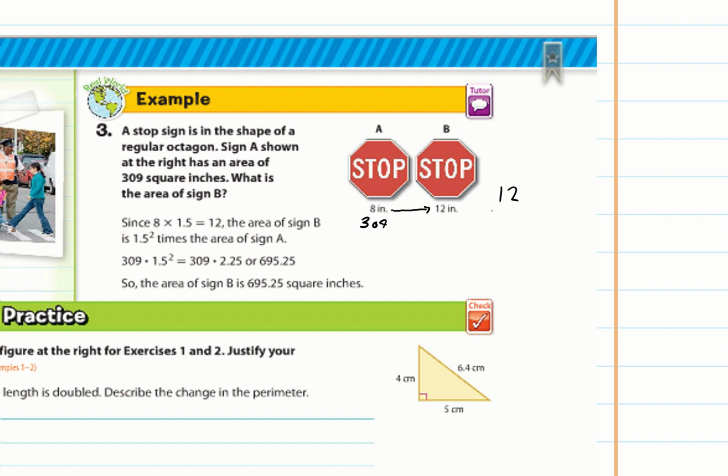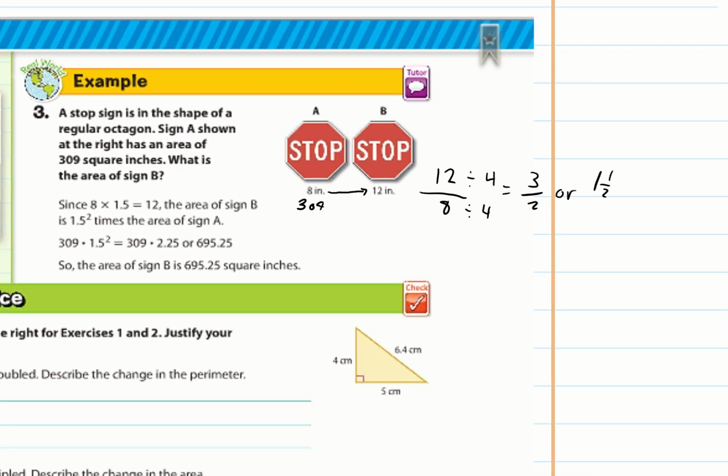So if I put it as a ratio, 12 to 8, and I simplify it, divide by 4, I get 3 over 2 or 1.5. So sign B is 1.5 times greater than sign A.